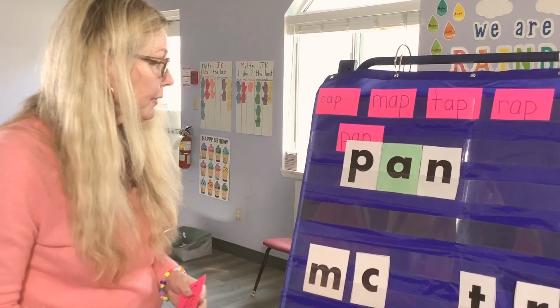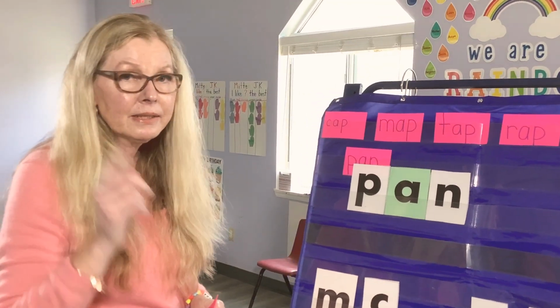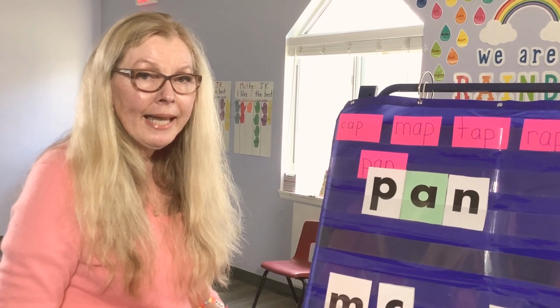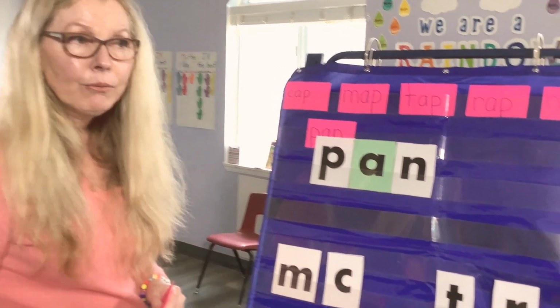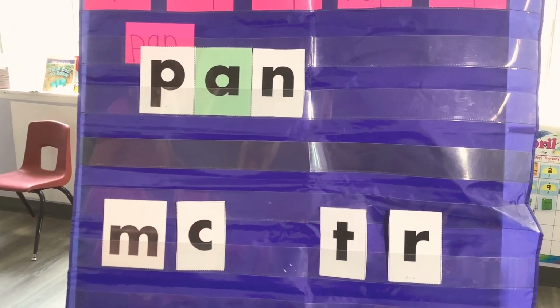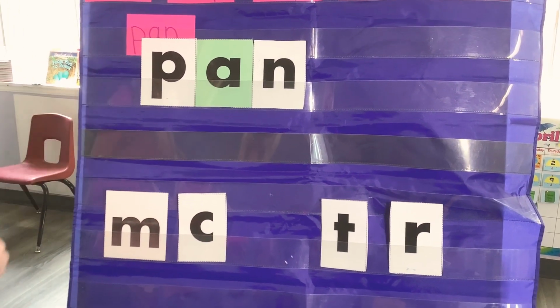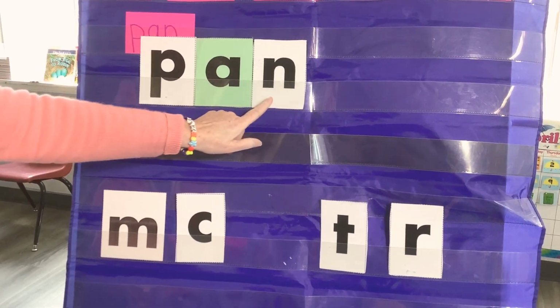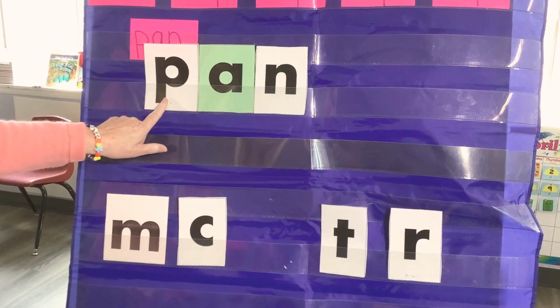Now the next word. Listen carefully. Ran. Ra-a-n. Ran. The gingerbread man ran and ran as fast as he could. So you're going to build the word ran. So remember, put your finger under it and see which letter you're going to take off. Ra-a-n.